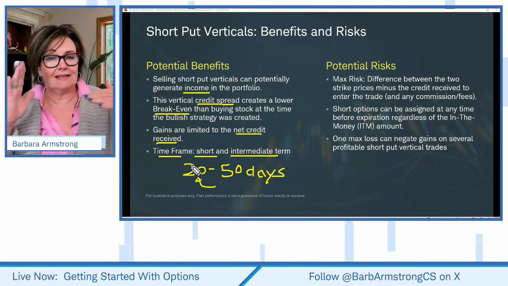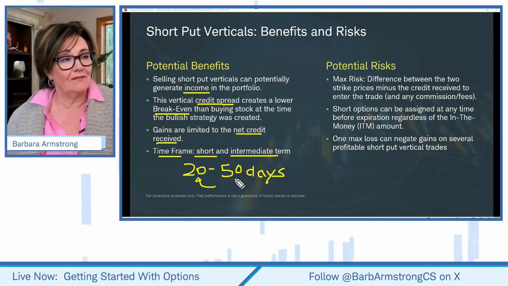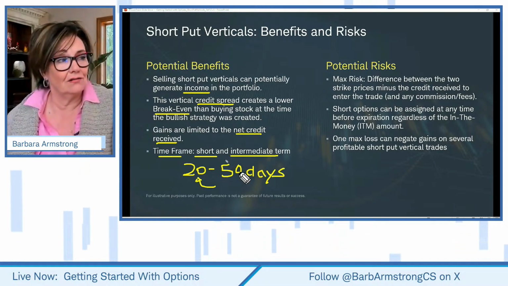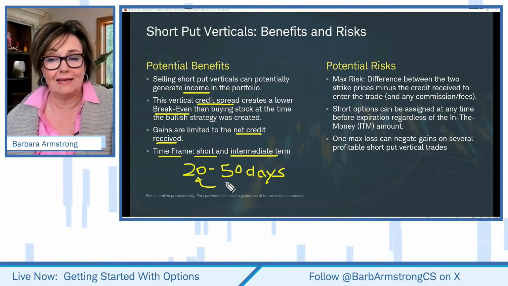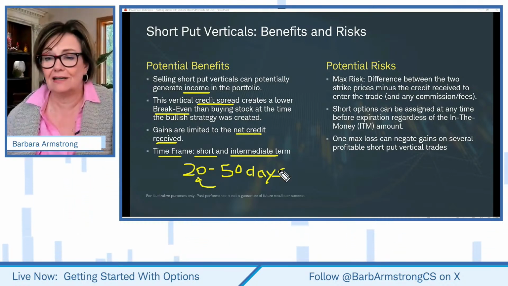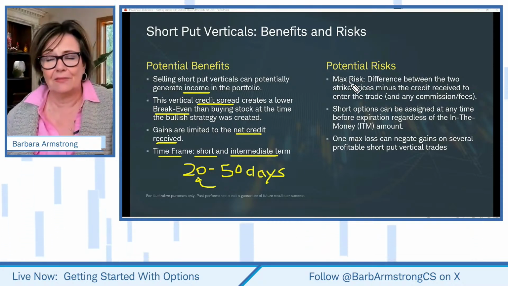So it's like a block of ice coming close to the fireplace. It starts melting faster. At 50 days, you'll get more premium, but you're going to be in the trade longer. So some people might say, I'd rather do two 25-day trades than one 50. And that's something you have to look at your numbers and go from there.